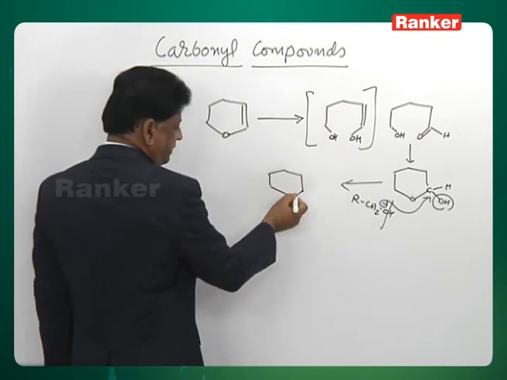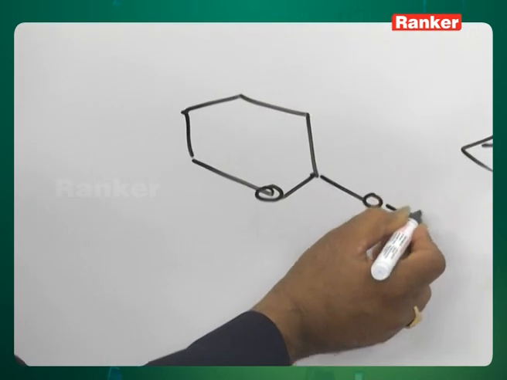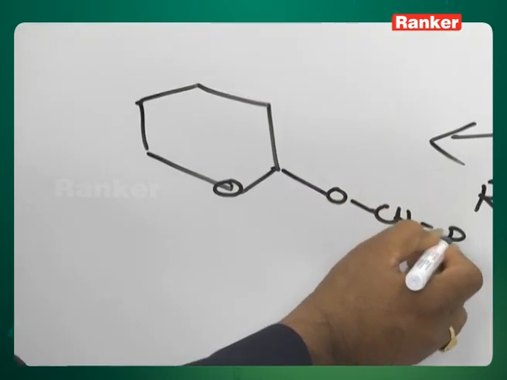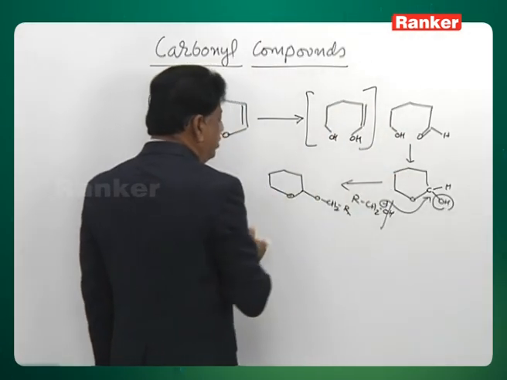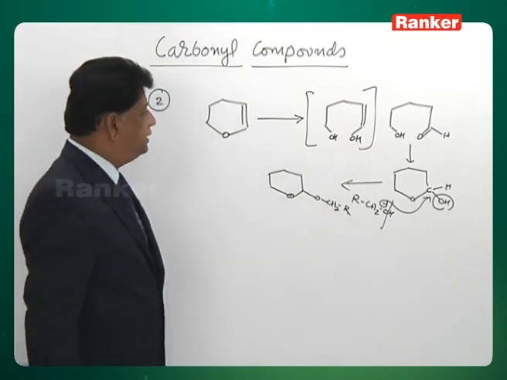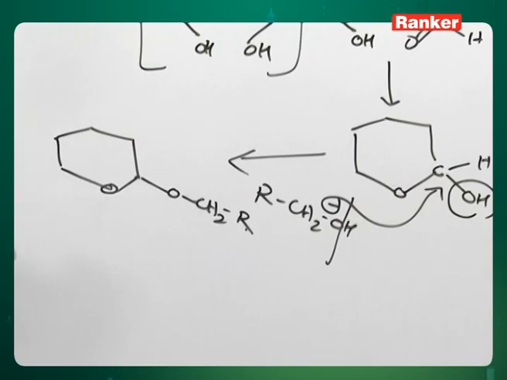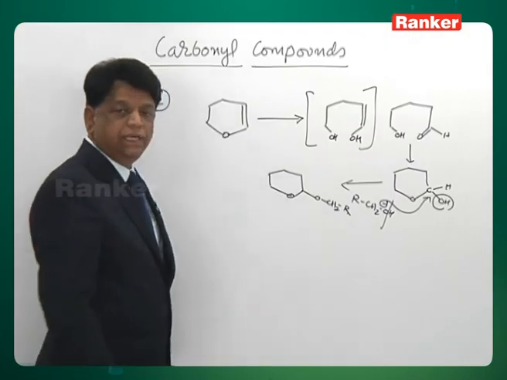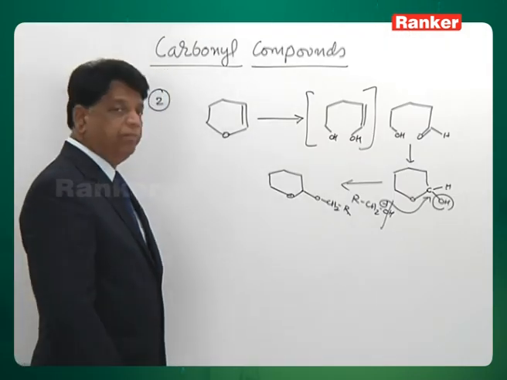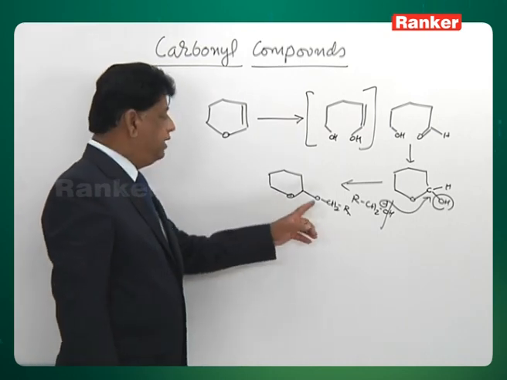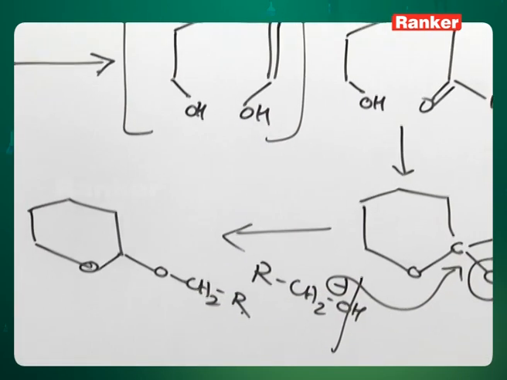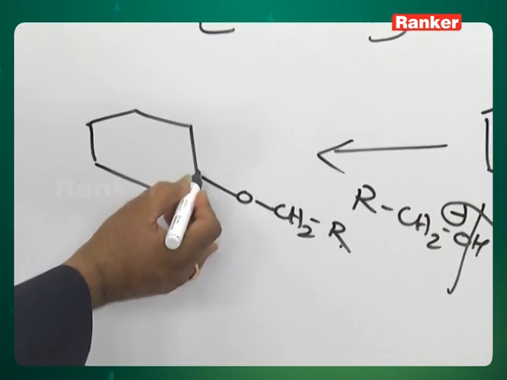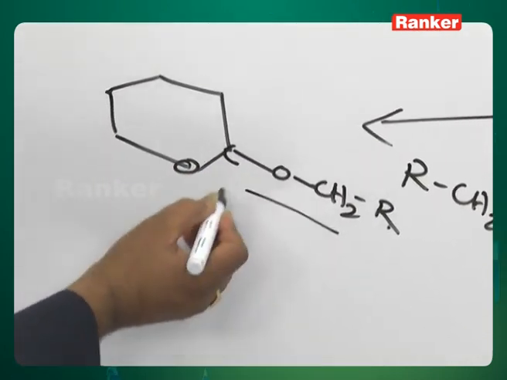Finally you will get one ether bond on this side, and on the other side another ether is formed. But all this reaction you can avoid because he has not mentioned any water here. This reaction takes place directly, replacing the hydroxy group by the alcohol here.